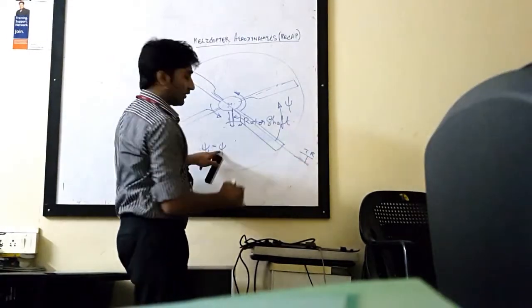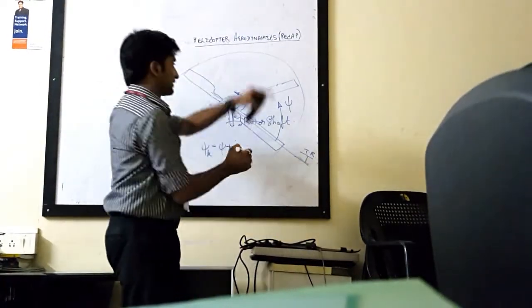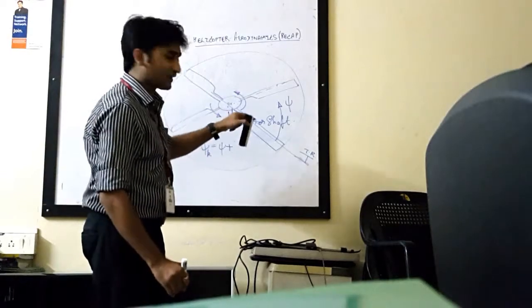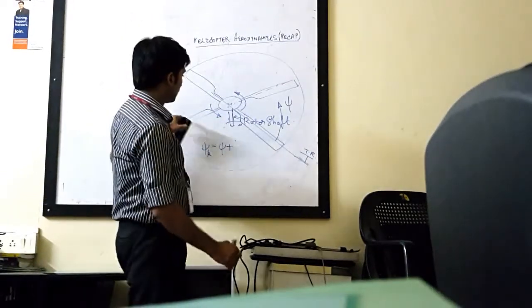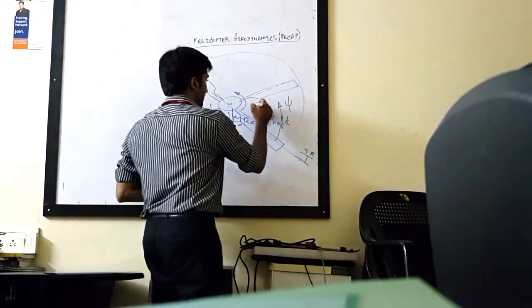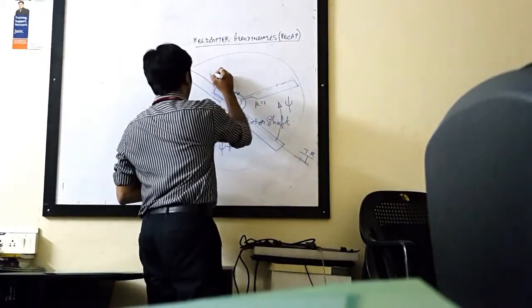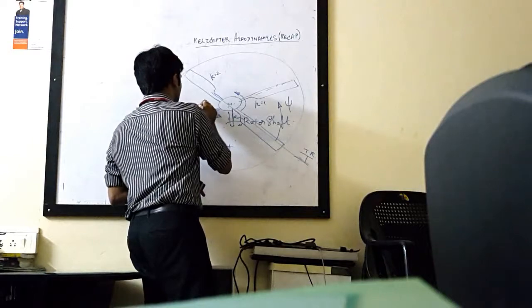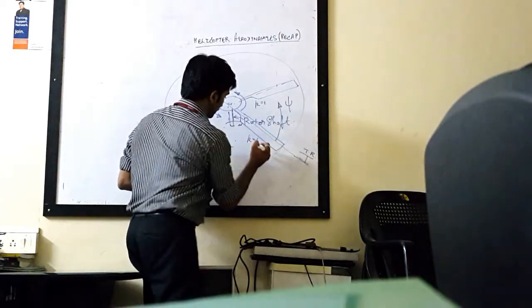So I give that value phi. Since it is moving in a circular fashion, I can generalize the entire formula and give a formula for any kth blade. For example, k equals 1, k equals 2, k equals 3, k equals 4.